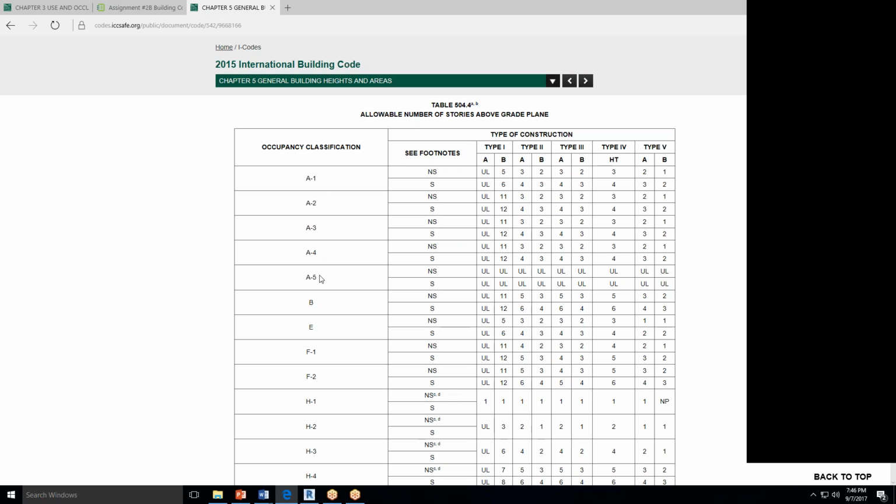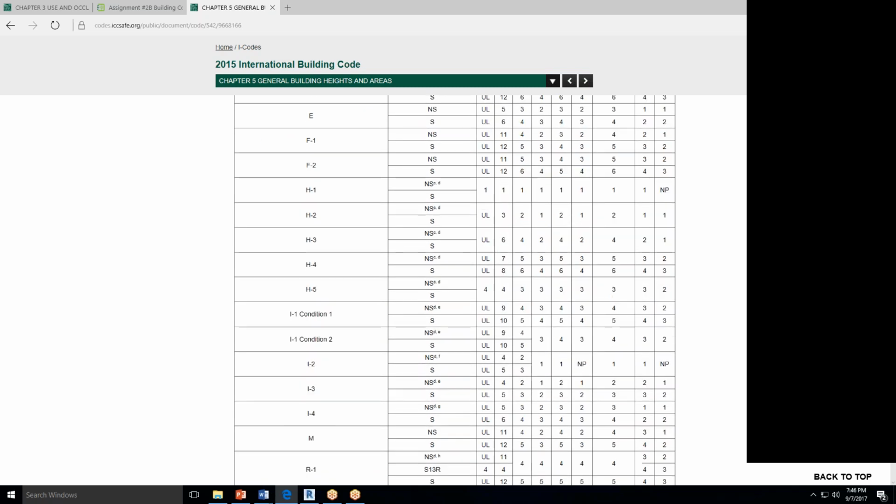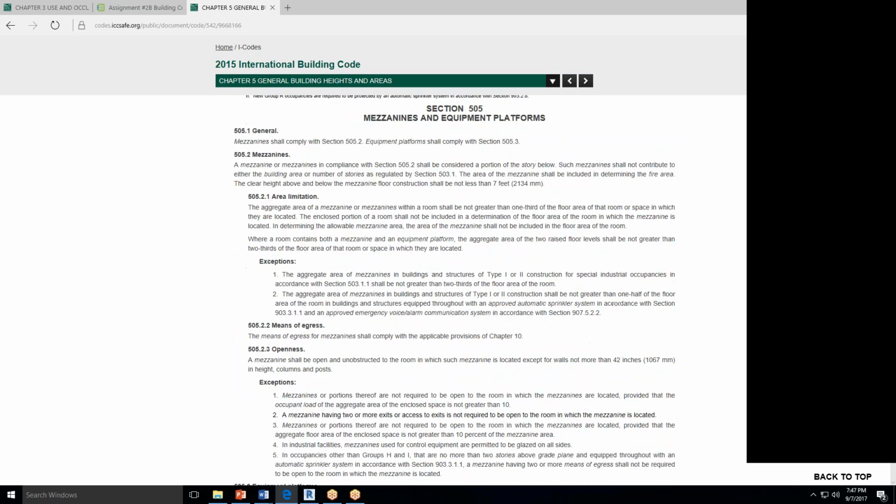Those things are based off of the occupancy, so you could go back and maybe if it was assembly, like a church of a special type, and that happened to be A5, okay, well then it's specifically A5, and then it's sprinklered or not sprinklered, the type, so on and so forth. But the buzzwords will always be referring back to the table name.